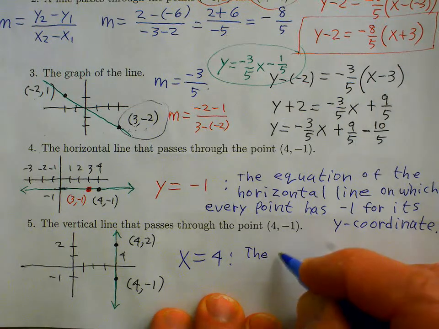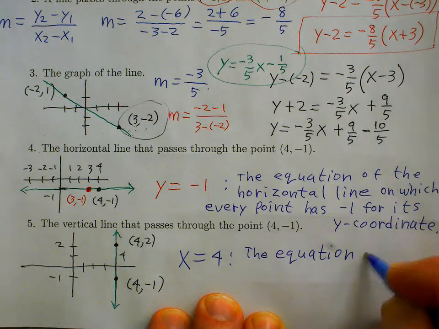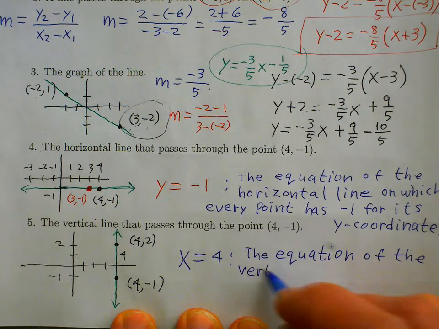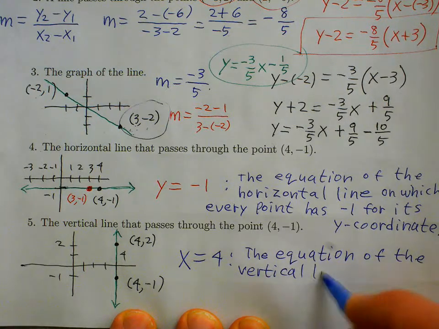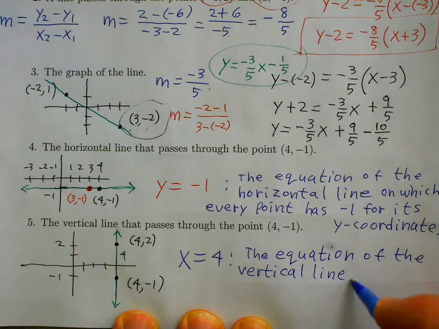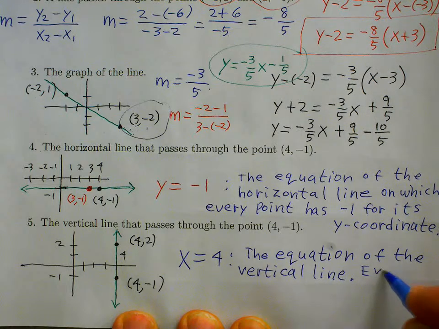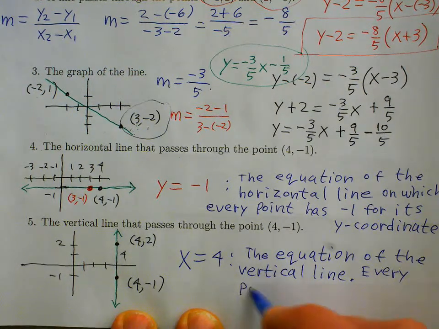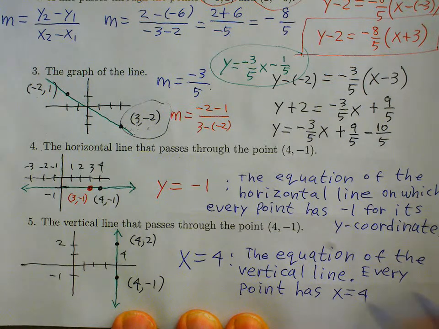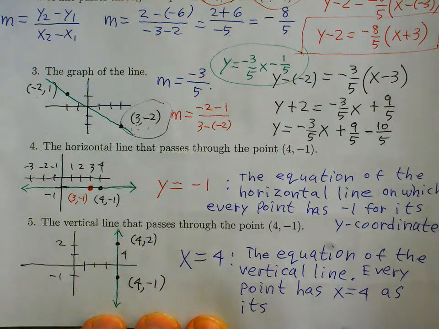So this is the equation of the vertical line. Every point has the same x coordinate of 4. Or every point has x equals 4 as its x coordinate.